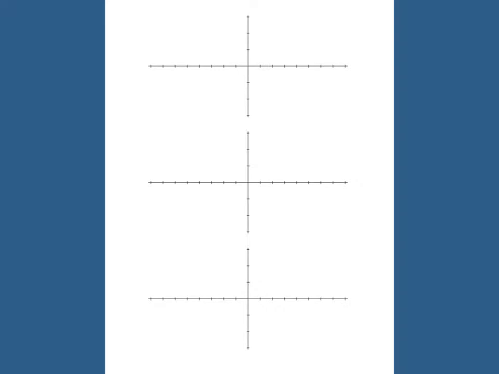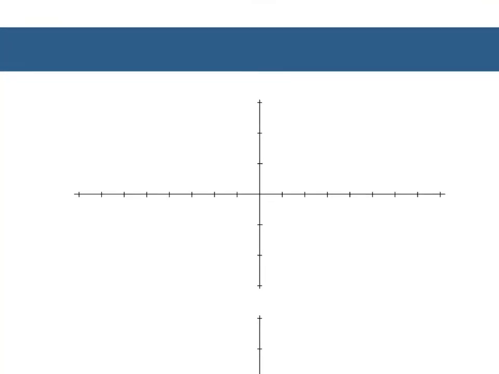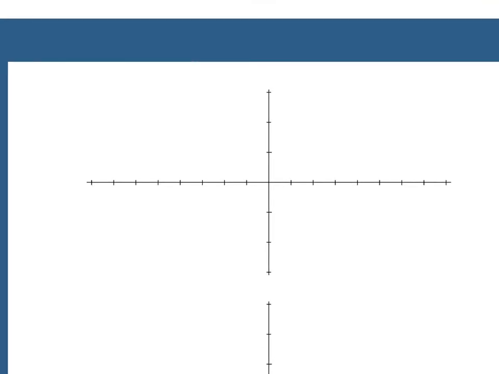All right, this will be our last one that we do on graph paper. Okay, y equals negative sine of (2 pi x plus 3). Okay, negative sine 2 pi x.